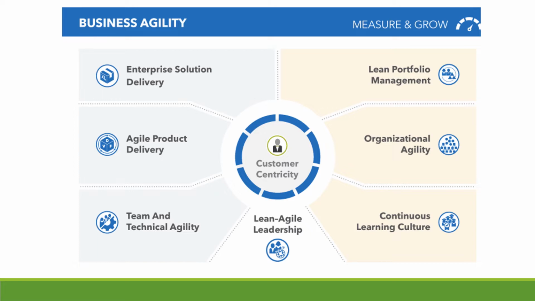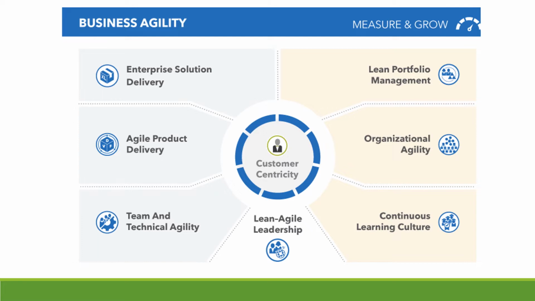Centrally it talks about customer centricity and other capabilities and capacities like enterprise solution delivery, agile product delivery, team and technical agility, lean agile leadership, continuous learning culture, organizational agility, and lean portfolio management.